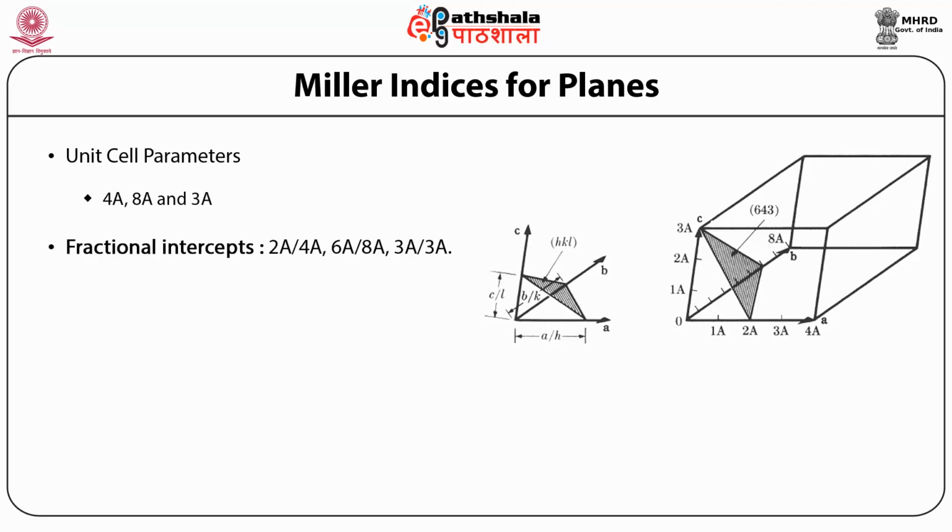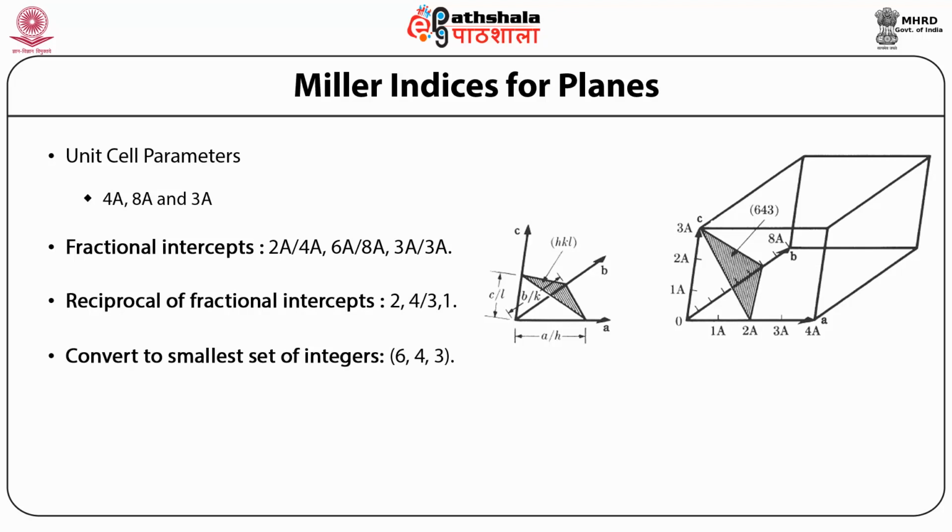So the fractional intercepts will become 4a by 4a, 6a by 8a and 3a by 3a. The reciprocals of the fractional intercepts will become 2, 4 by 3 and 1, and the corresponding Miller indices, the smallest set of integers, will be 6, 4, 3.